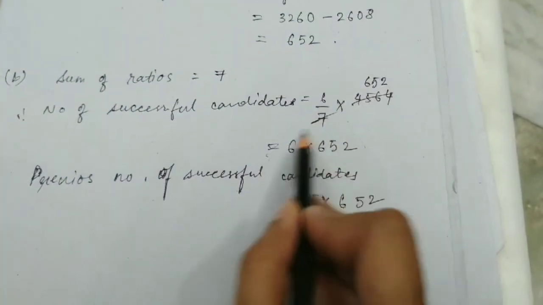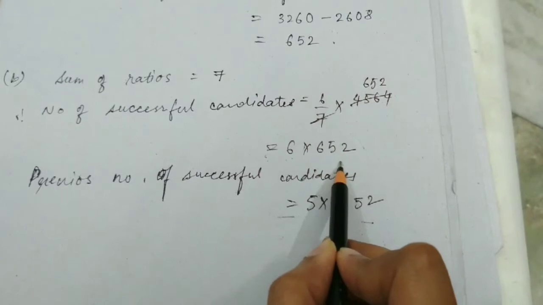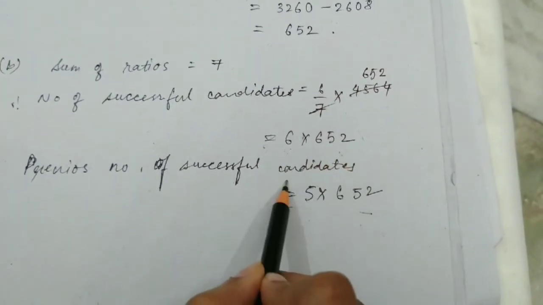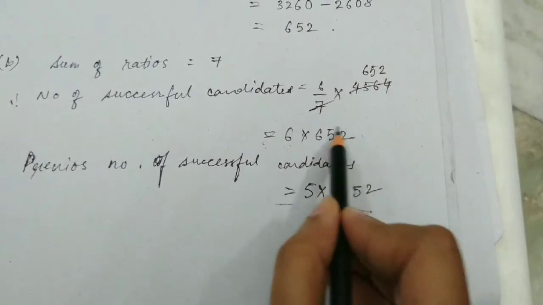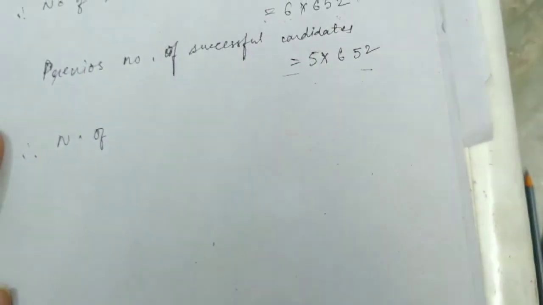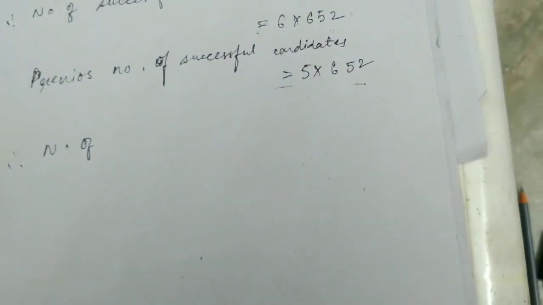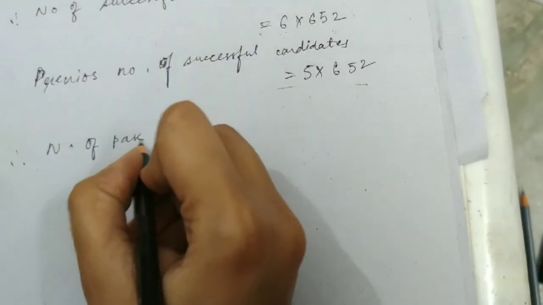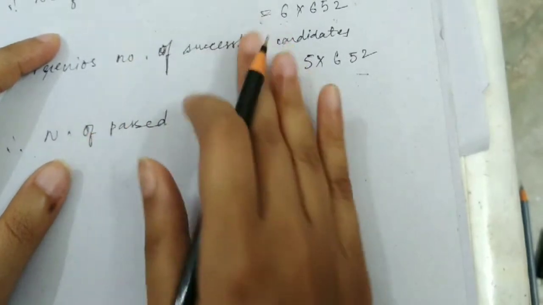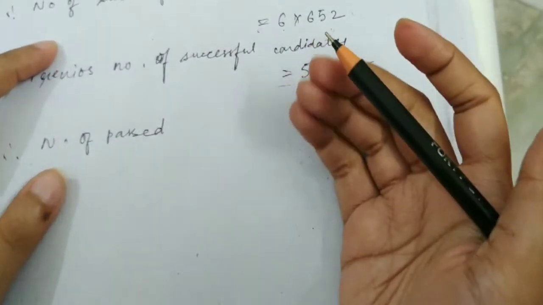So now easily we can find the difference between these two. See, which one is more? Obviously 6 multiplied by 652 is more than 5 multiplied by 652. And by how much is it more? It is easier to say that by 652. Therefore, the number of passed candidates is now more, since now the number of successful candidates is more.